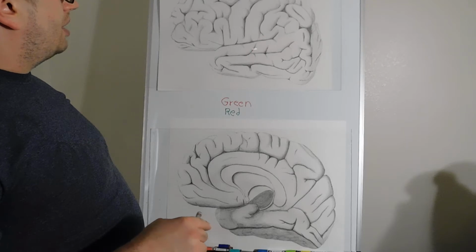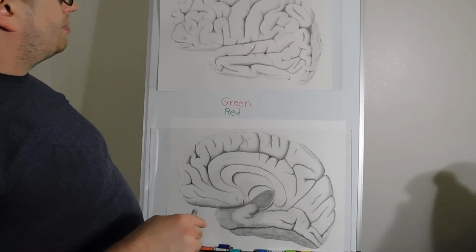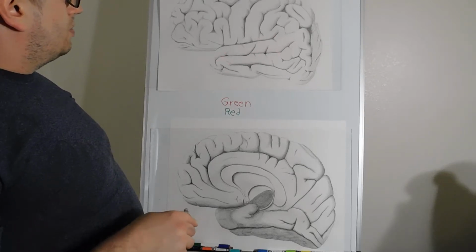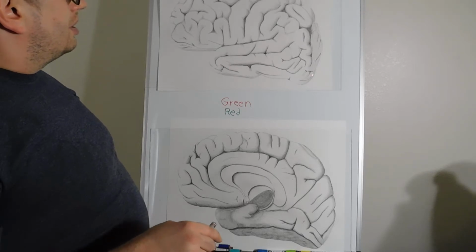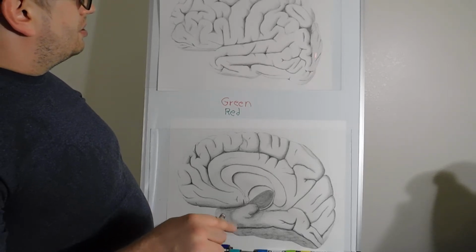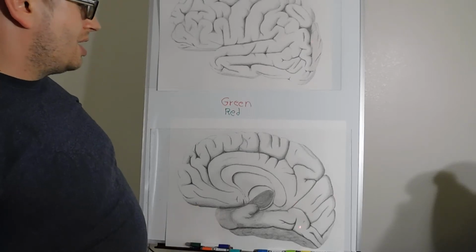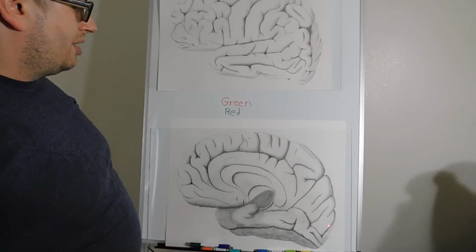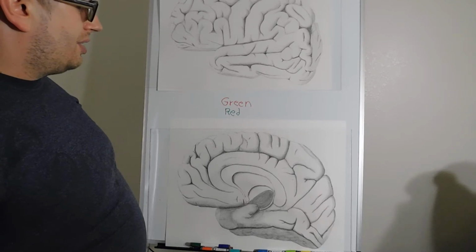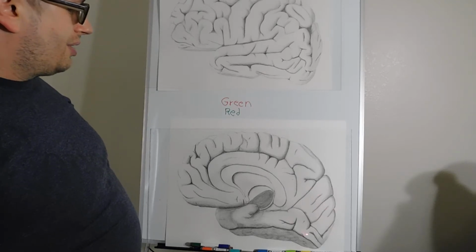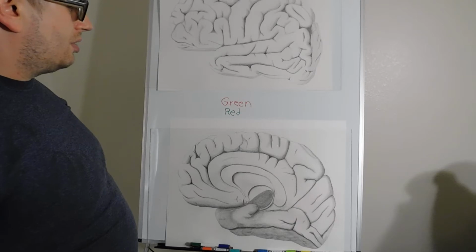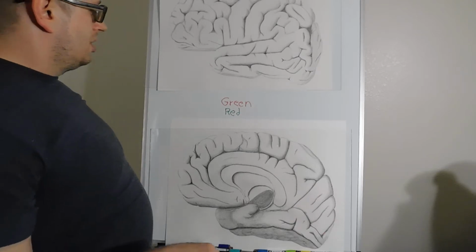Wernicke's region, Brodmann's area 22 is up here. Brodmann's area 21, Brodmann's area 20, Brodmann's area 17, Brodmann's area, let's see, 18 is in this area, 19's out here. There's the extrastriate cortex.